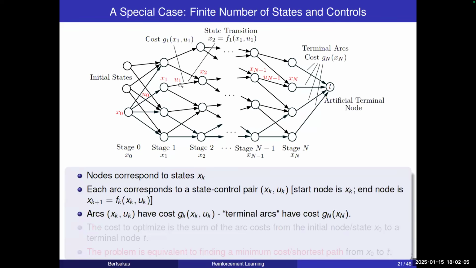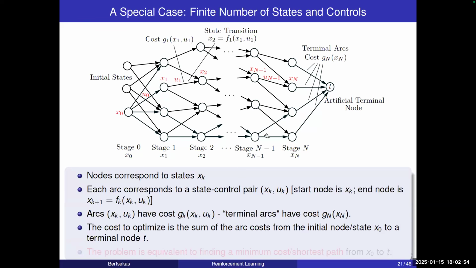Each arc has a cost per stage, the cost gk of xk and uk, which is the cost of applying the control at xk. In particular, in the terminal stage, for all the xn, we don't need to select any control because the process terminates. To encode the terminal cost, we can introduce an artificial terminal node such that the arc connecting each xn to the terminal node t has the terminal cost gn of xn.